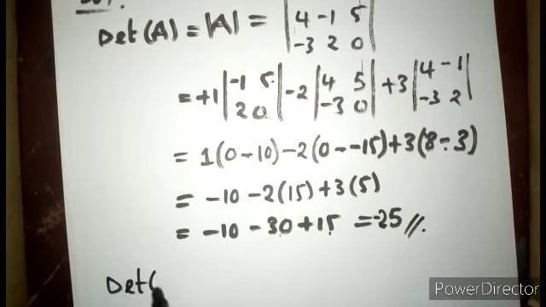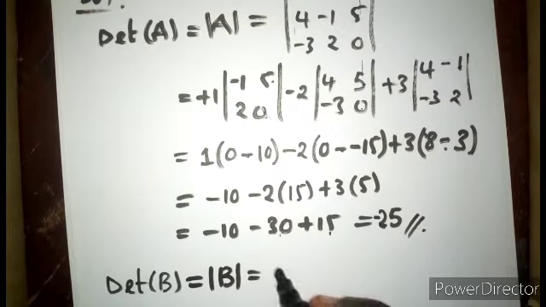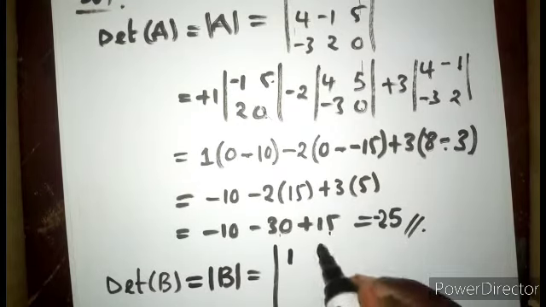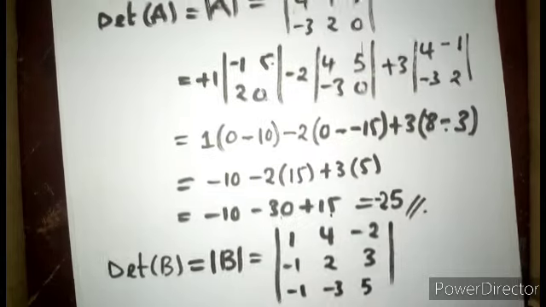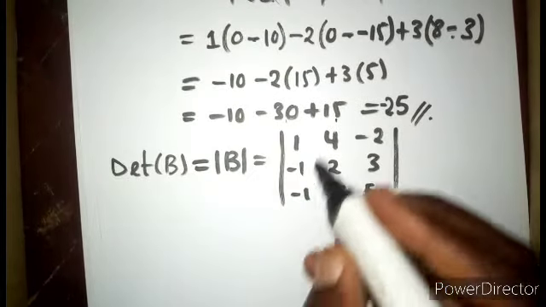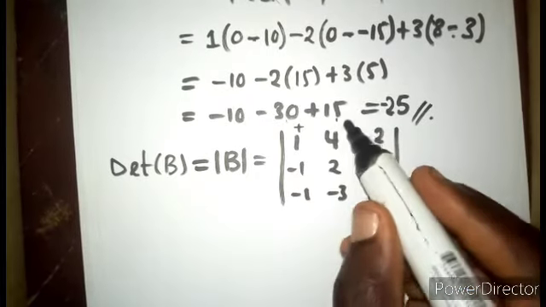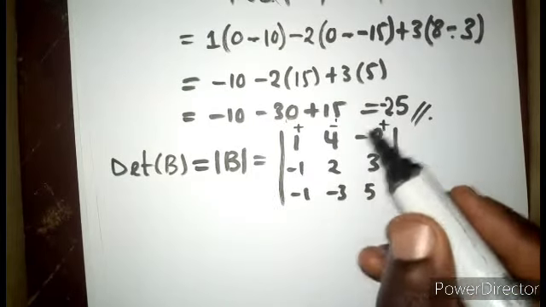Now the determinant of B: we have 1, 4, minus 2, minus 1, 2, 3, minus 1, minus 3, 5. Of course, the signs are positive, negative, positive.